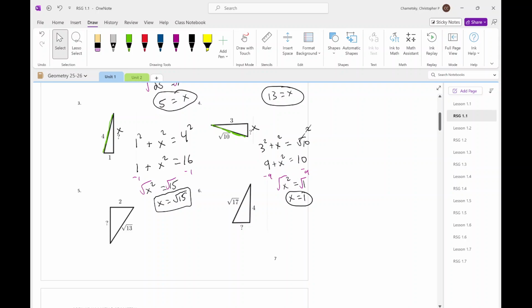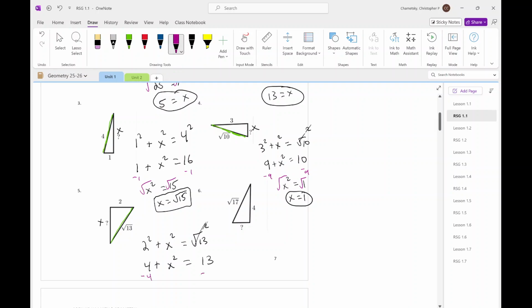Number 5. There's our hypotenuse. X is one of our missing legs, so we'll set this one up. 2 squared plus x squared equals square root of 13 squared. 2 squared is 4 plus x squared. Squares and square roots cancel out, so we're left with just 13.